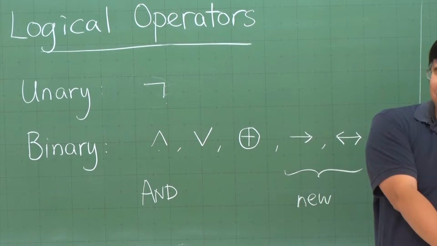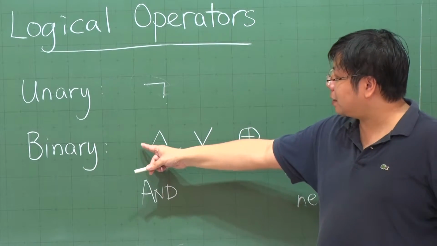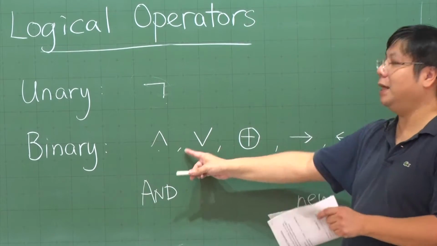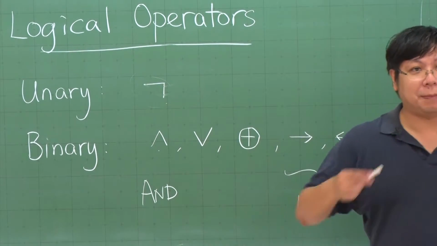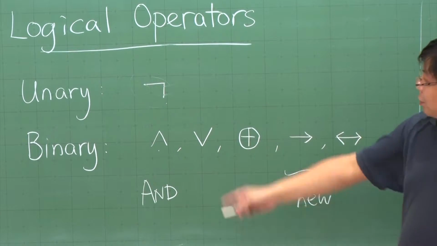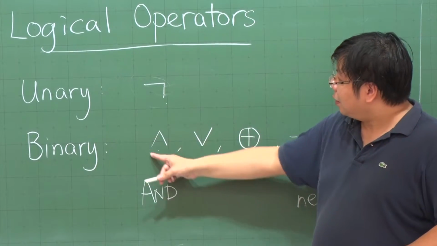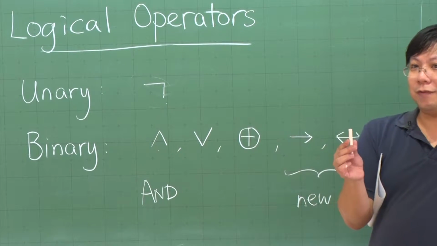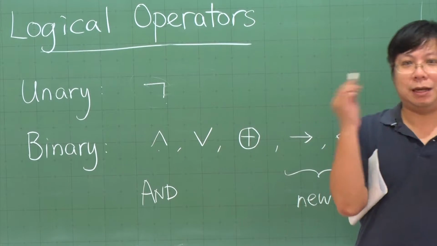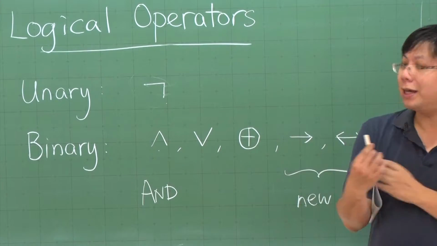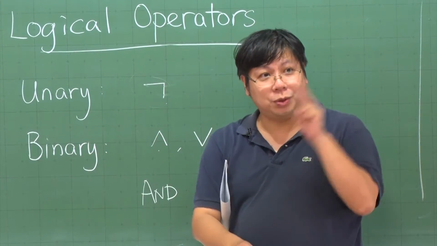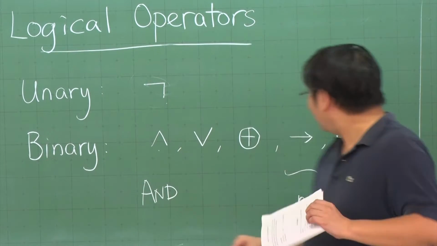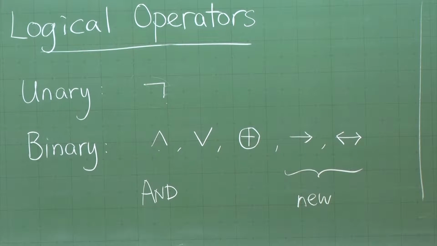I have a proposition P and a proposition Q, so I can get P and Q, or P or Q. Of course I can also get P and P, but that doesn't restrict the meaning. Whenever you see an and, we expect one proposition on the left side and one on the right side to combine. Because we need two of them, we call them binary. Binary means two.